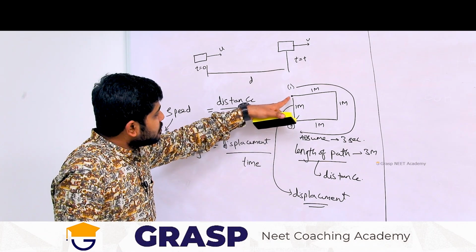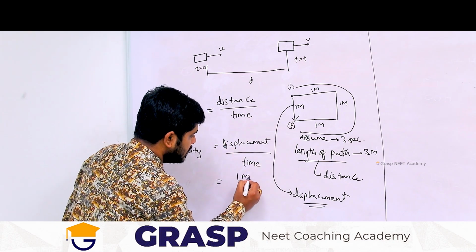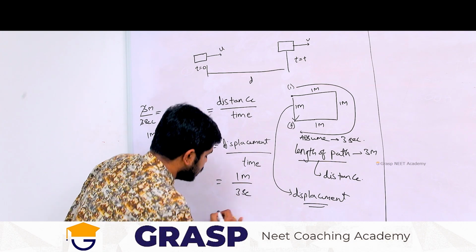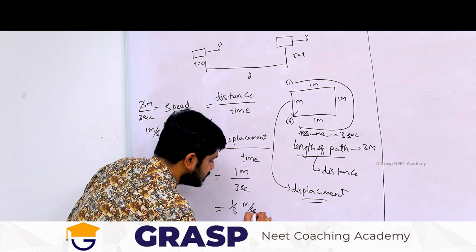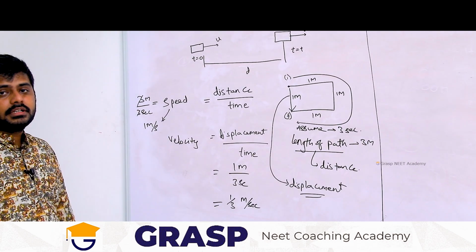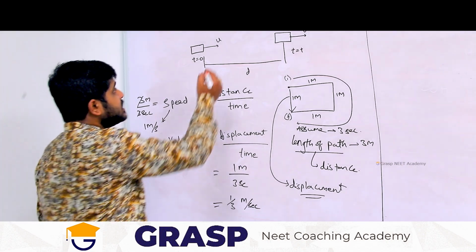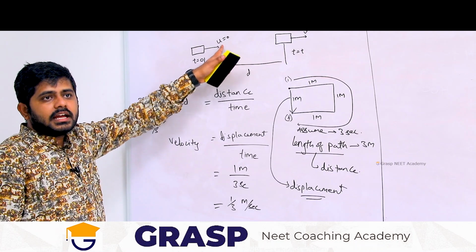So 1 meter upon 3 seconds, velocity will be 1/3 meter per second.